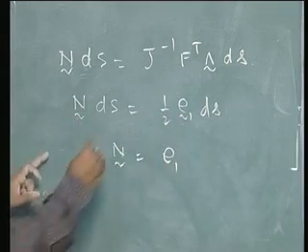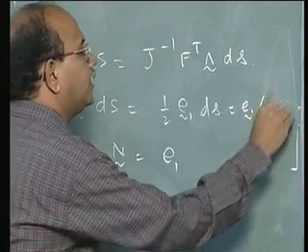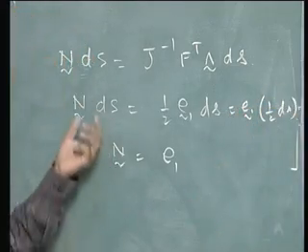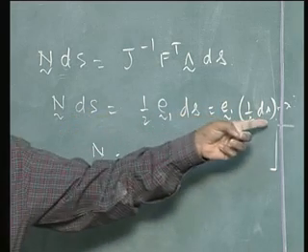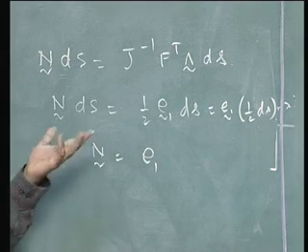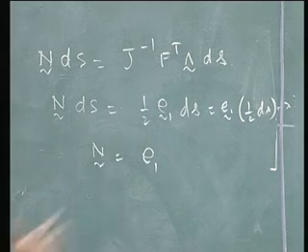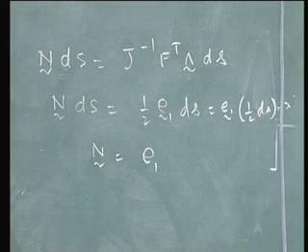So I can rearrange this as E1 half ds. This is a unit vector, and this is a magnitude. So ds is equal to half ds, right? That is straightforward. So look at that, N which was E1 has become now small n which is E2.